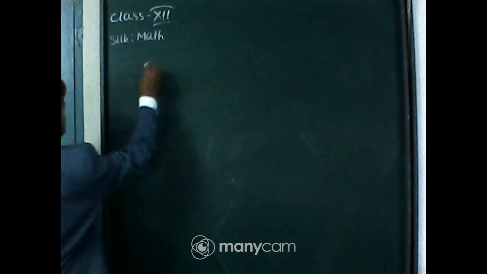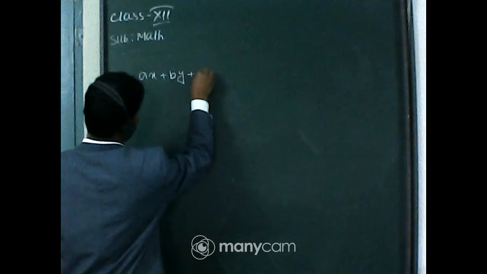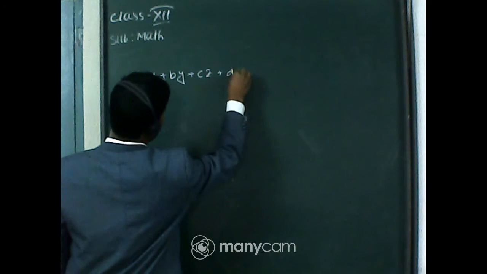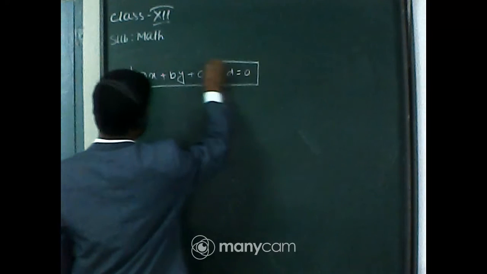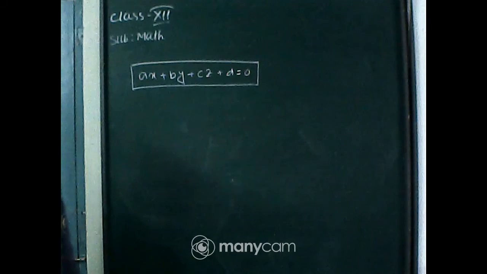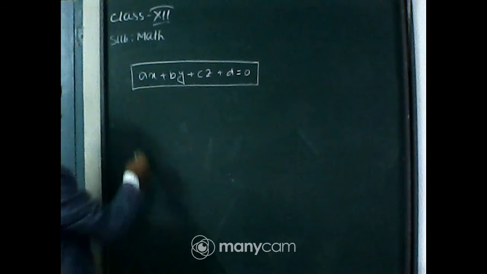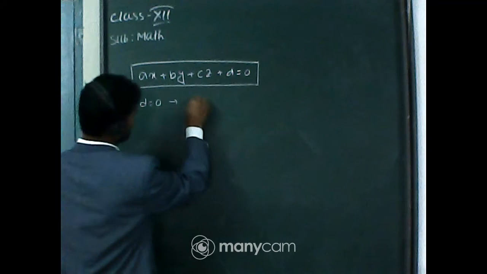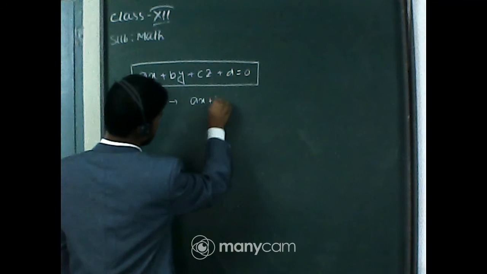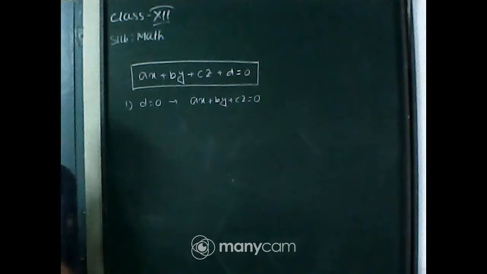Okay, now look, in general the equation of a plane is ax plus by plus cz plus d is equal to 0. This is the general form of a plane. Now what happens if I put d equal to 0?